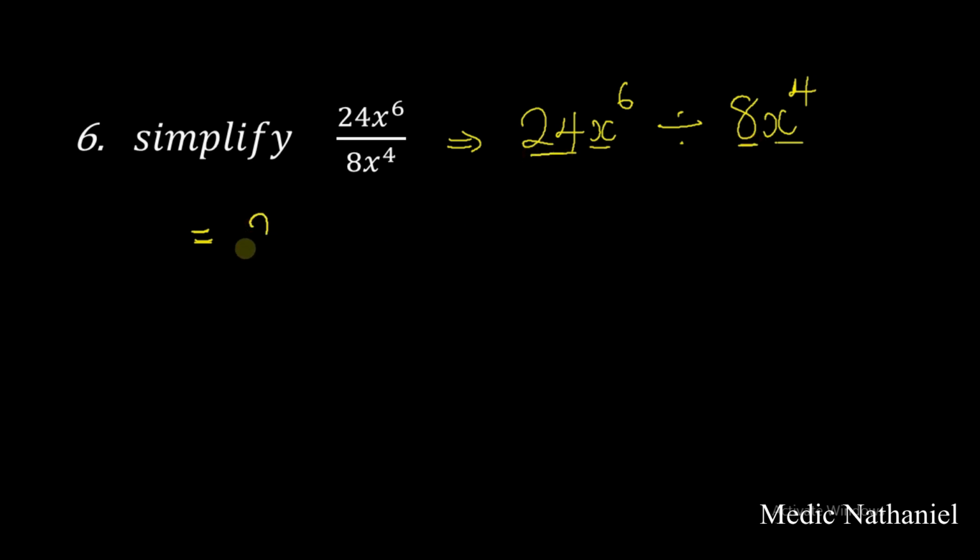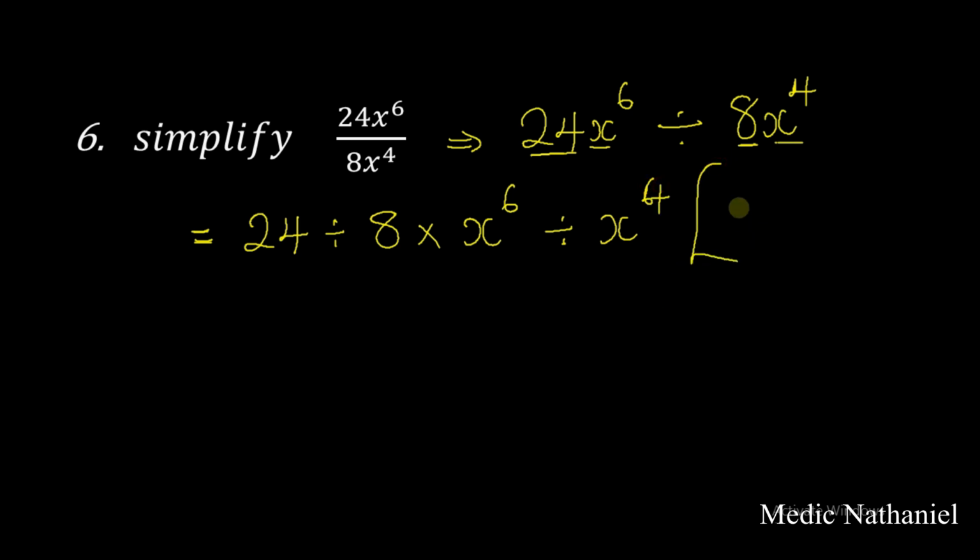That would be 24 divided by 8 times the index number here, x raised to the power of 6, divided by the other index number, which is x raised to the power of 4. What I did here is I kind of collected like terms, but I like calling it a rearrangement. So I rearranged the expression.